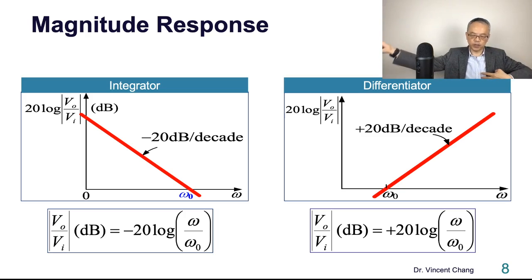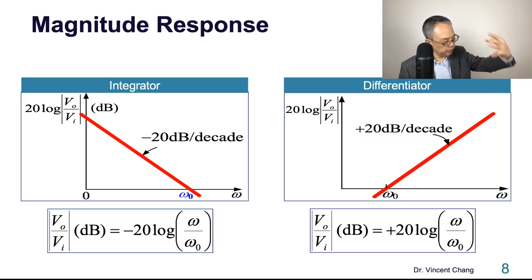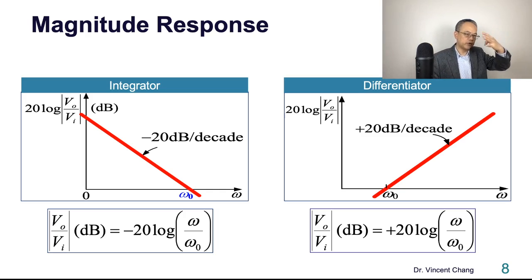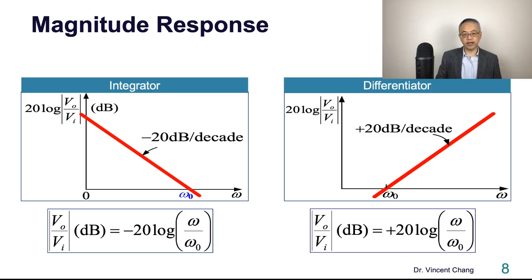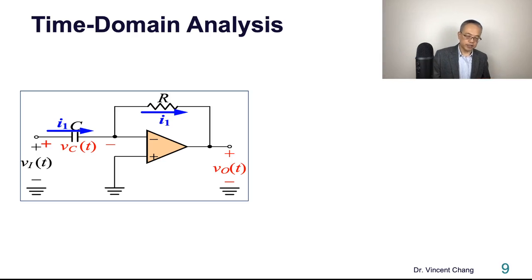Differentiator negative SRC, the integrator is 1 over SRC. Of course, there's a negative sign. On the magnitude response, you see yet again another flip on the frequency axis, right? It's the mirror flip, the mirror 180-degree rotation, right? So this is very interesting and very important.